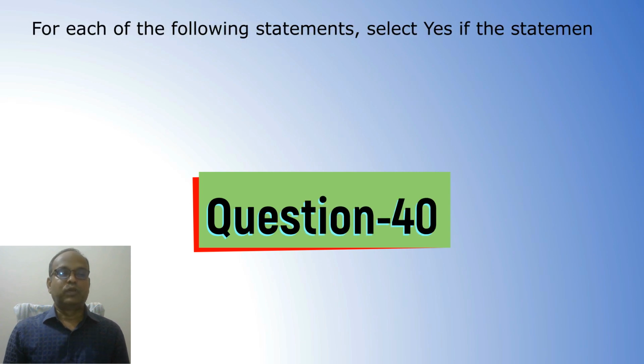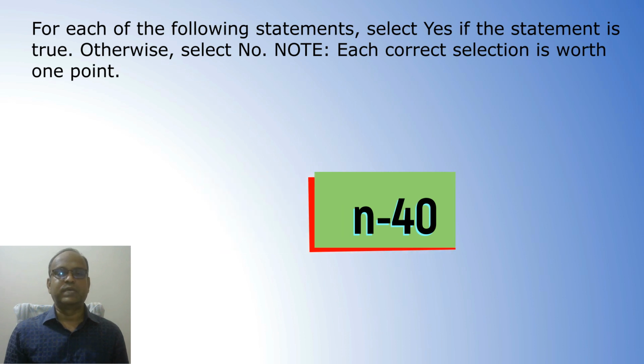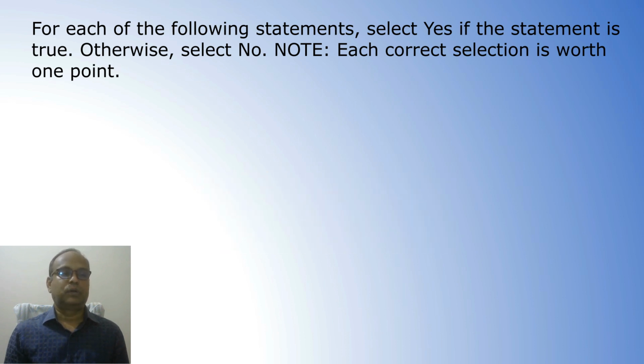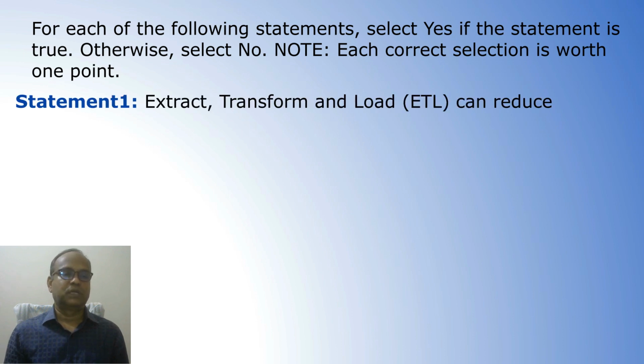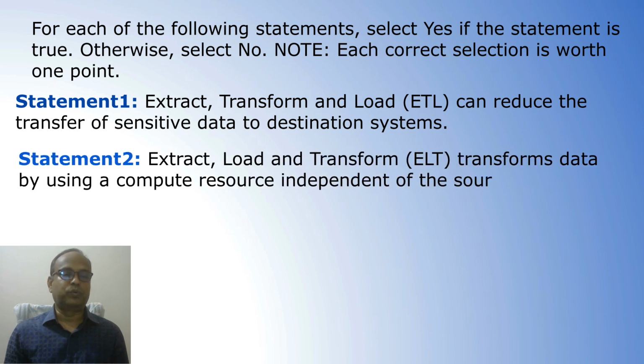Question number 40. For each of the following statements, select yes if the statement is true. Otherwise, select no. Note: each correct selection is worth 1 point. Statement 1. Extract, transform and load ETL reduces the transfer of sensitive data to destination systems. Statement 2.